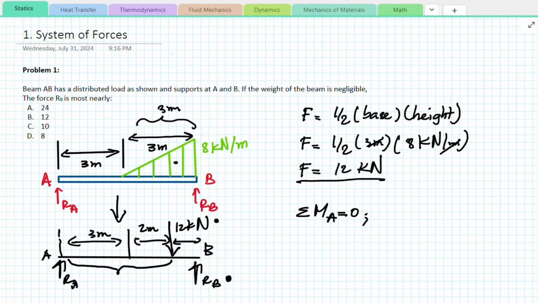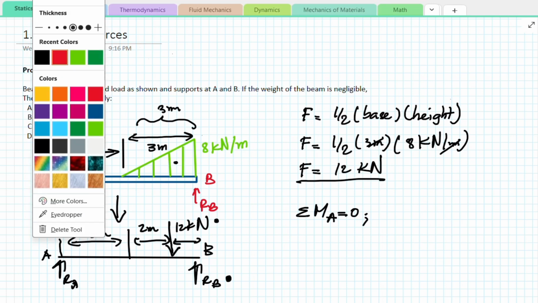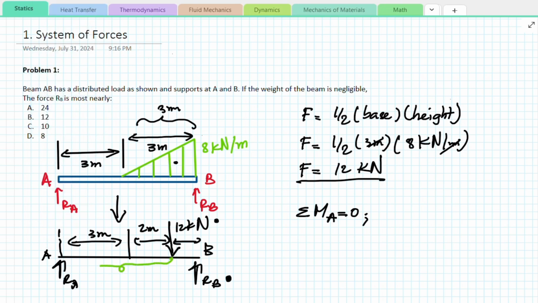Let's change the color here just so we can make it stick out. So we have 12 kilonewton times 5 meters, and this moment is going to be clockwise. It doesn't matter what sign you choose as long as you stay consistent.